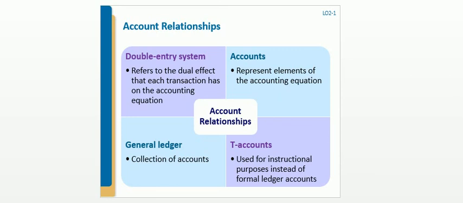Elements of the accounting equation are represented by accounts which are contained in a general ledger. The number of accounts depends on the complexity of the company's operations. Increases and decreases in each element of the company's financial position are recorded in these accounts separately. We will be dealing with the double entry system in a later chapter.